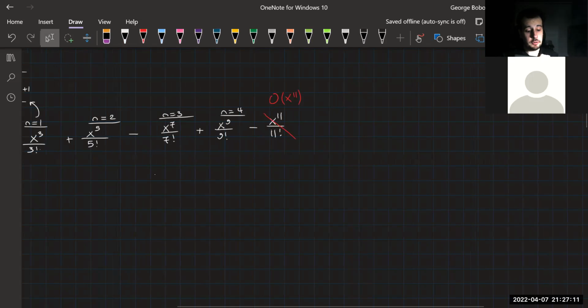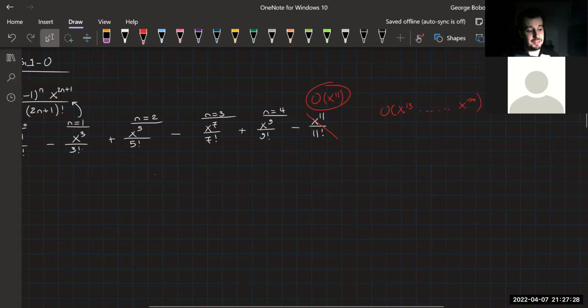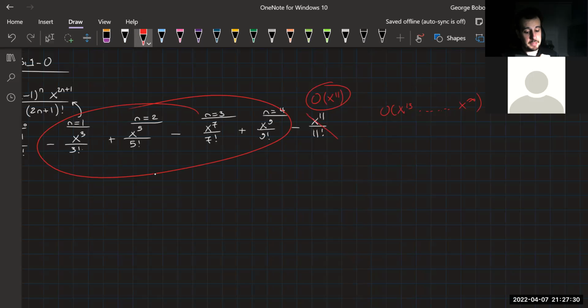There are more terms of order 13 and so on, until you go to infinity, basically. But this is the smallest order that we're bound by. This is the smallest function that bounds this.